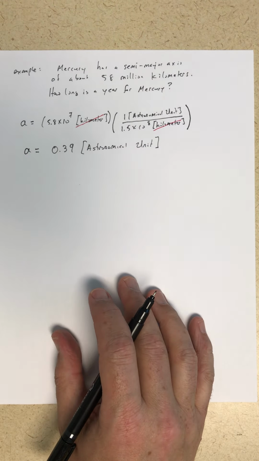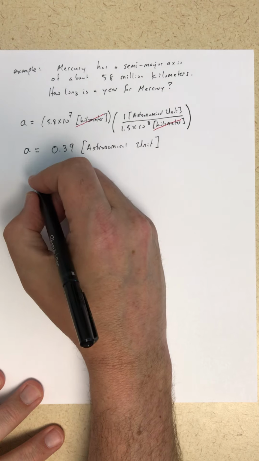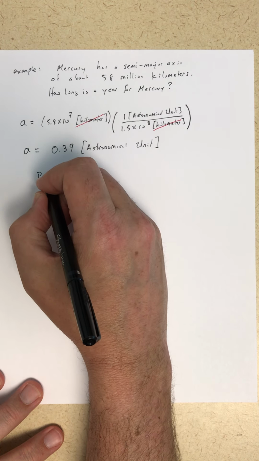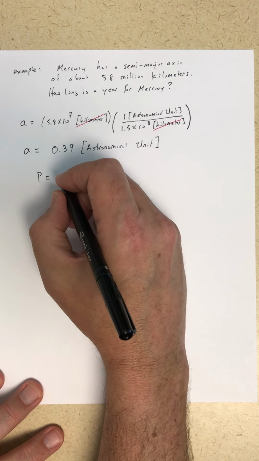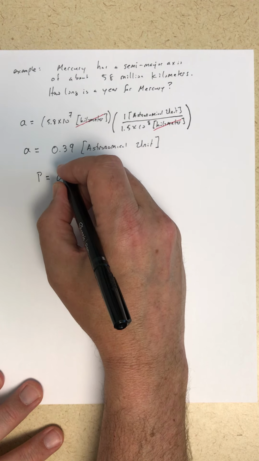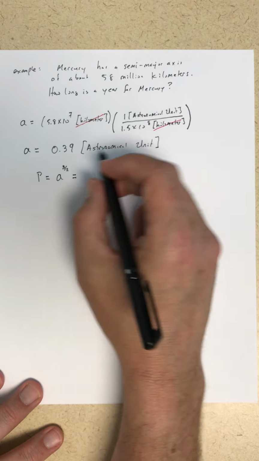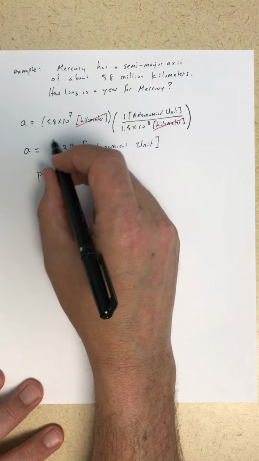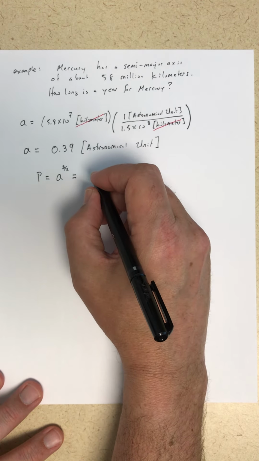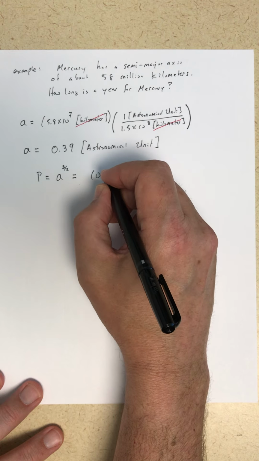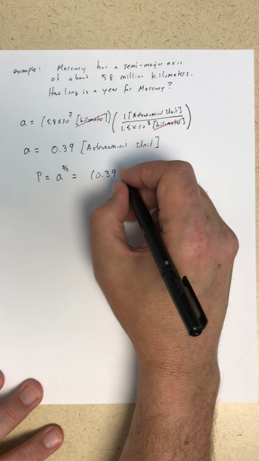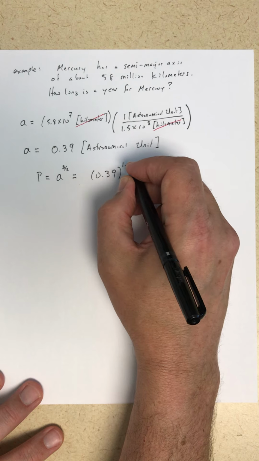All right, so now we're ready to use the simple form of Kepler's third law. With an unknown period, P is equal to A to the 3/2 power. This is in astronomical units, so I can just plop in 0.39 as a pure number. 0.39 to the 1.5 power.